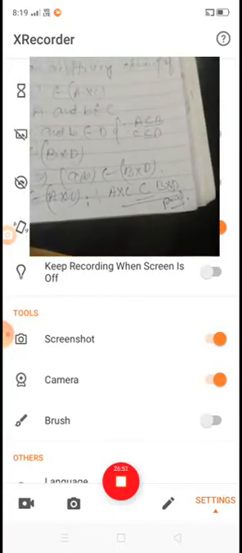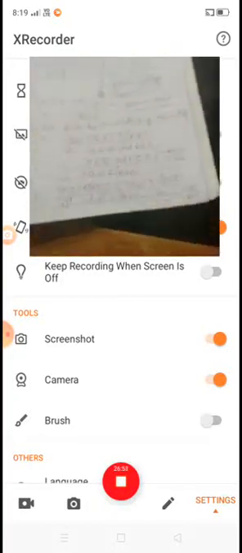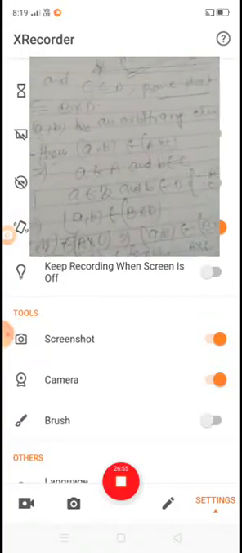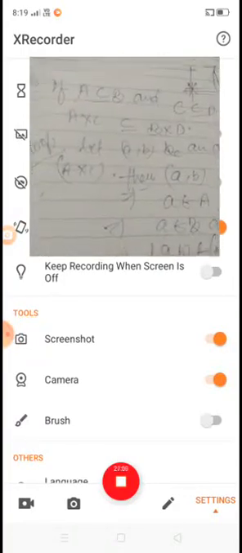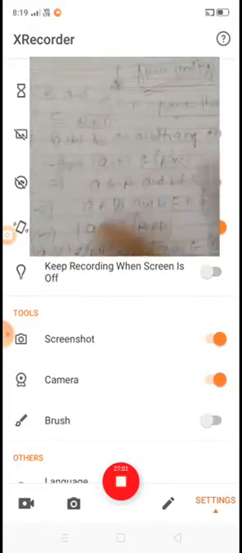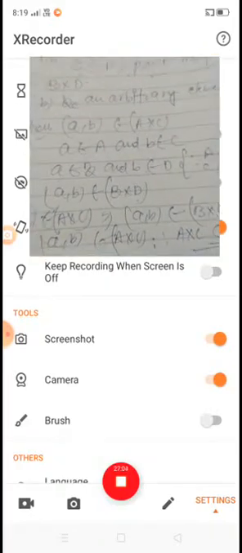Okay, so dear students, you solve that type of questions in this way. This is a very easy concept. Let's see it once more.